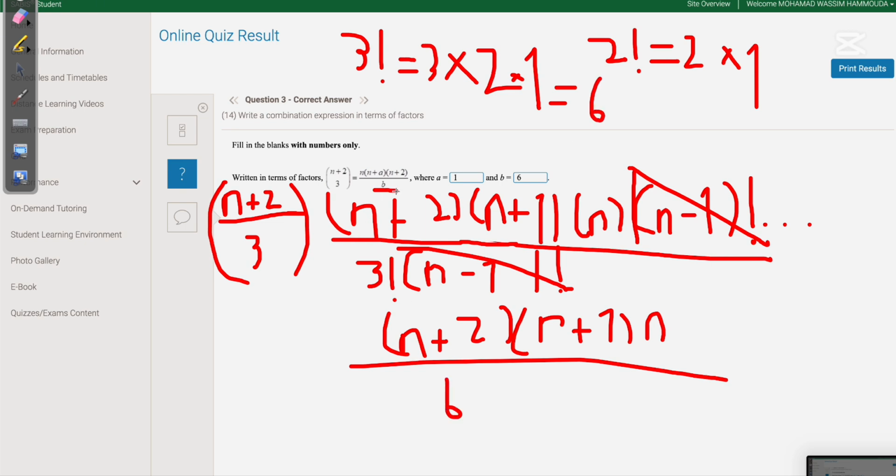Here they want b, which is the denominator, 6 in this case, and a, which is 1, since they gave us 2 and don't want the 2.